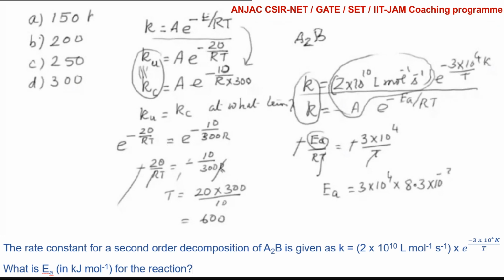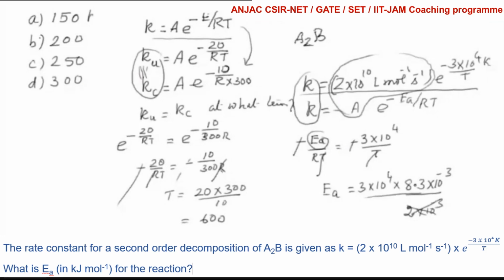Sometimes you may be asked to give in kilocalories. If calories are given, the R value is equal to 1.987, or you can simply put it as 2, and kilo means 2 into 10 power minus 3. You will definitely get this and multiply.